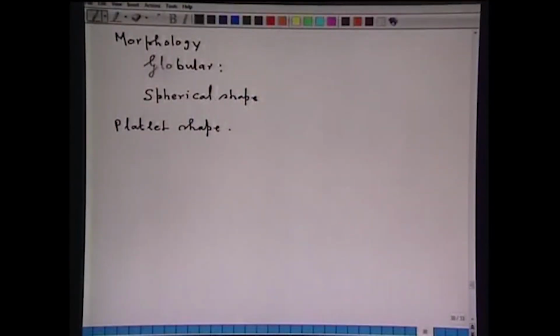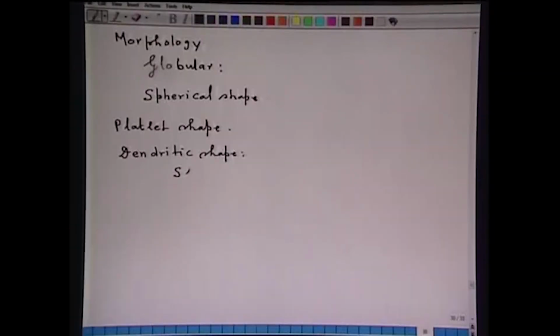Another shape is a dendritic shape. Now by the nature of the dendrites, it is a tree like shape, and the sharp edges and corners induce local stress concentration, which considerably decreases the ductility, toughness and fatigue properties.